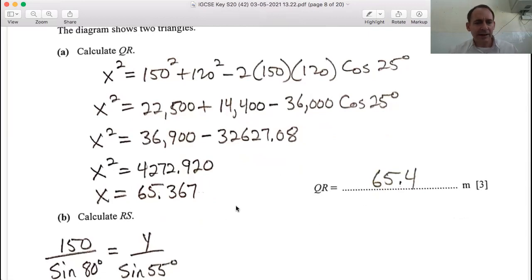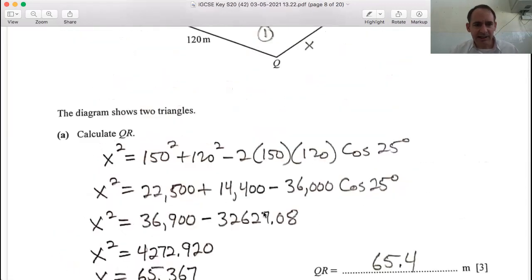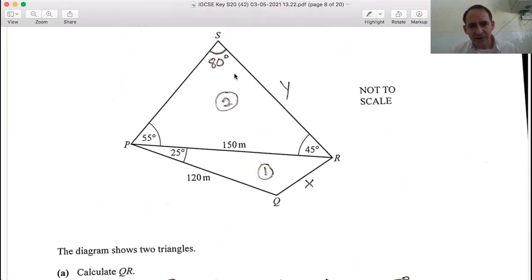65.4. Now it asks us to calculate RS. RS is over here, so I put the letter y. If you look, we have an angle 55 and 45. Since we have two angles, we can subtract them from 180 and get the third angle, which is 80 degrees.